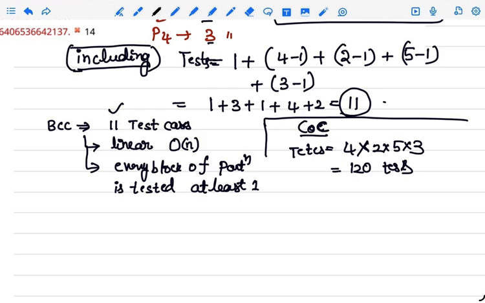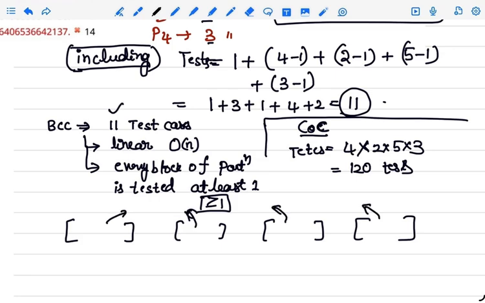At least means not less than, that is greater than or equal to once, right? If in the question we have 4 partitions, every partition is tested. The test suite consists of all types of test cases from every partition. Important: the test size is linear.